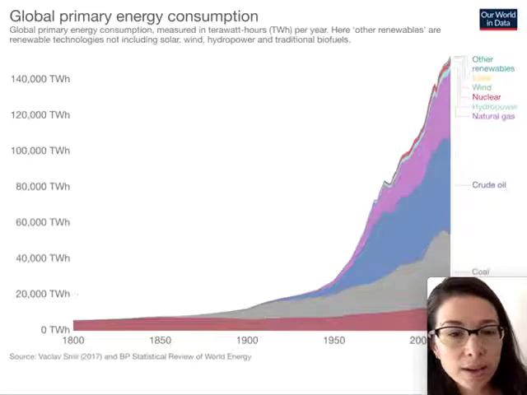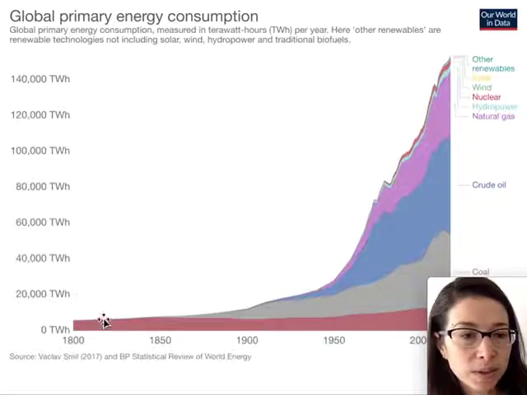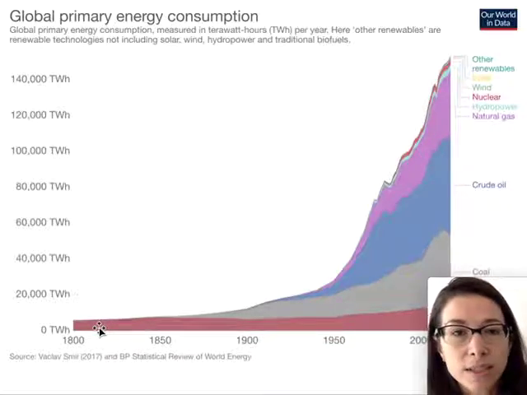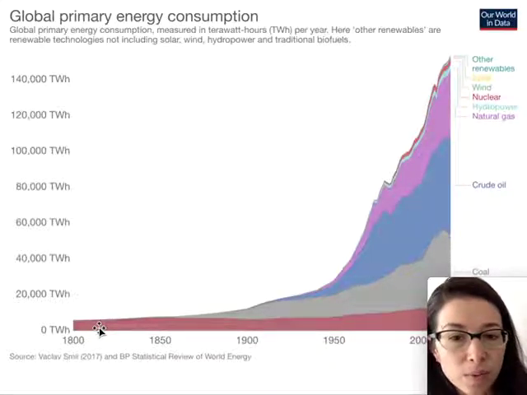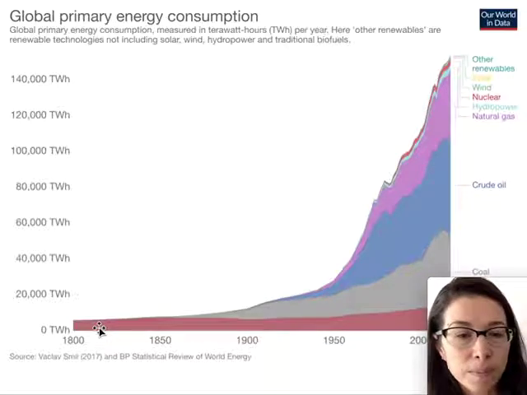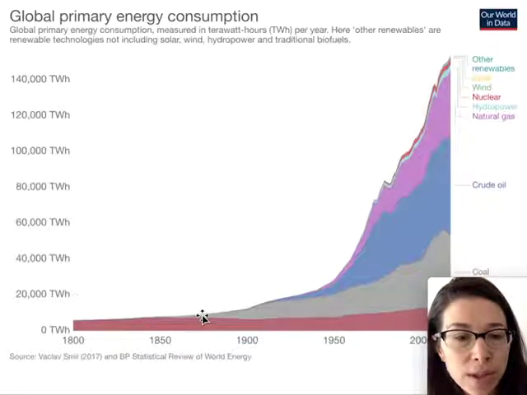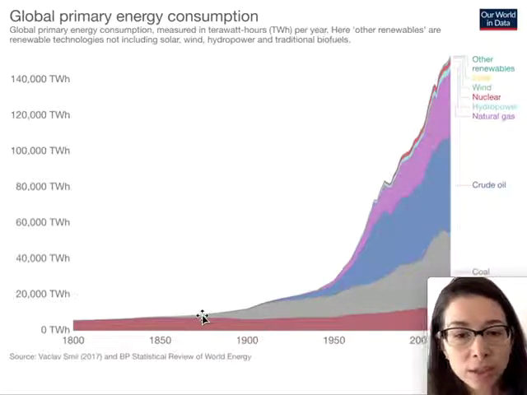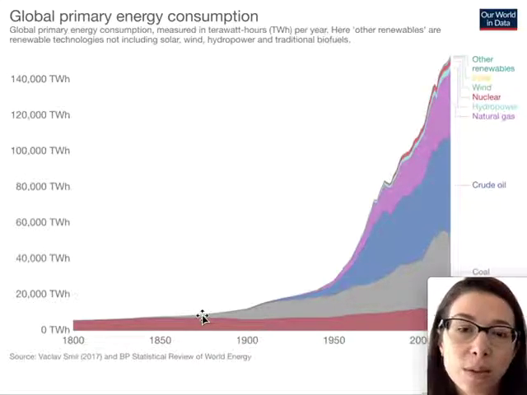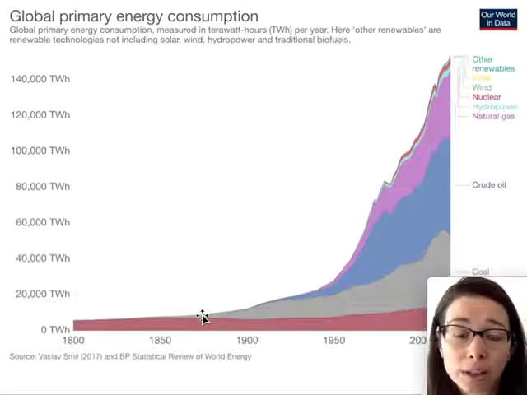Like I said, the method of producing electricity that we use today wasn't really invented until around here. So that's the very beginning. Obviously, it wasn't going to be used in a widespread manner at first. However, we do see that it picks up popularity pretty early on, not that long after the initial invention. The primary method of generating electricity was through coal, and we're going to talk a little bit later about how coal produces electricity.